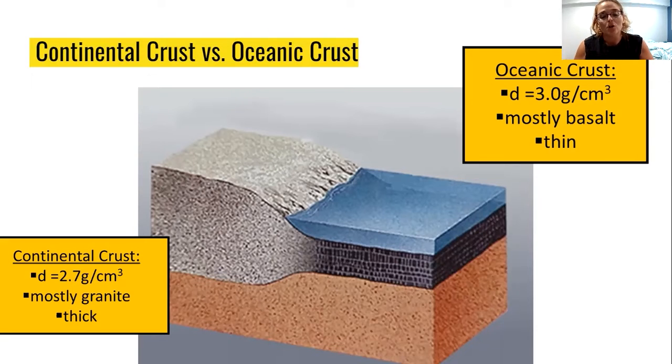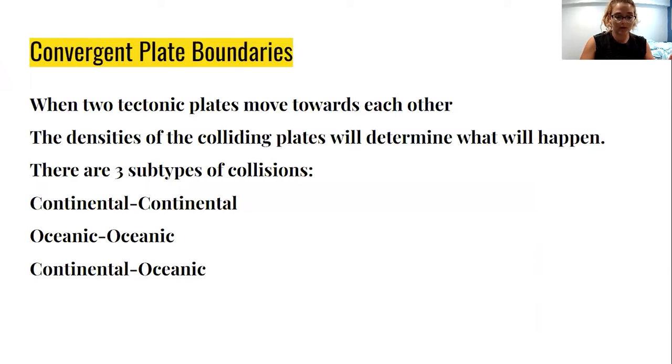All right, so those types of crust determine the kind of convergent plate boundary that we're looking at. Each type is going to make a different landform, or it's going to have a different process associated with it. Let's go ahead and jump right in here. We've got our oceanic crust and our continental crust.